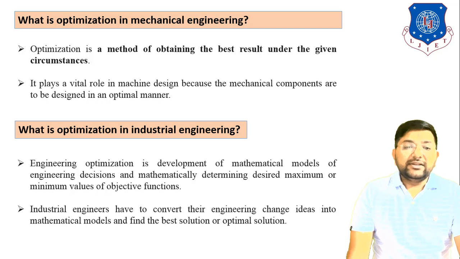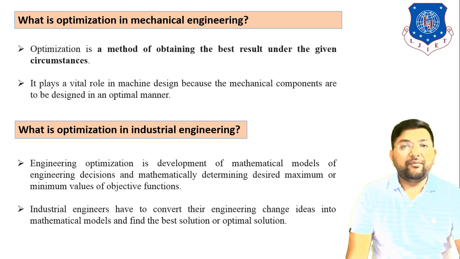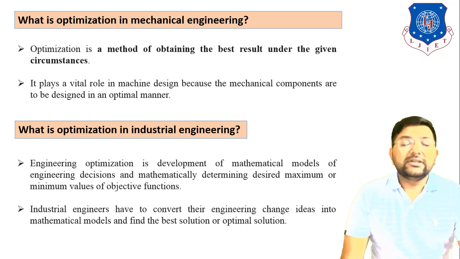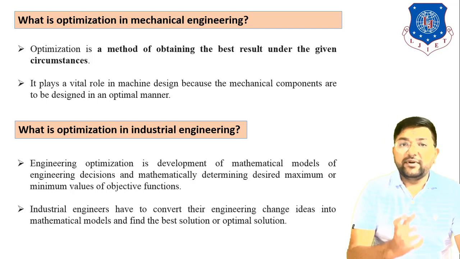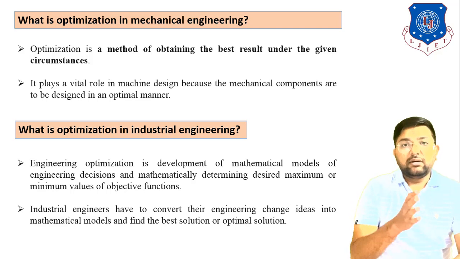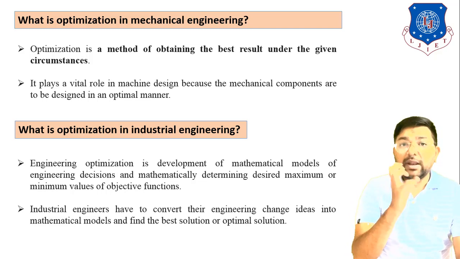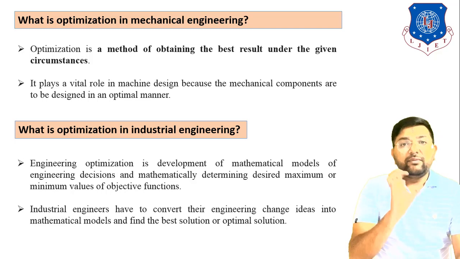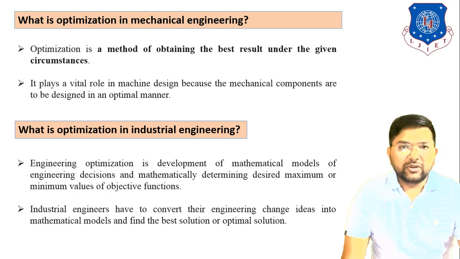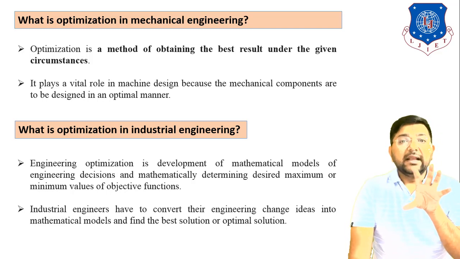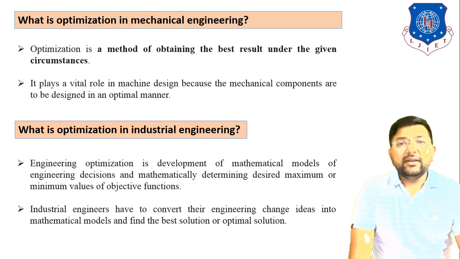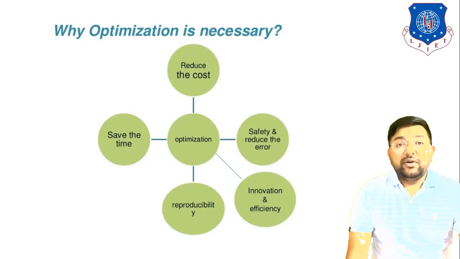Industrial engineers have to convert their engineering ideas into a mathematical model and find the best or optimal solution. First we define the equation or function, then convert our ideas into mathematical form, and then find the optimal solution. So we discussed optimization in mechanical engineering as well as industrial engineering. The next question that comes to mind: why is optimization necessary?